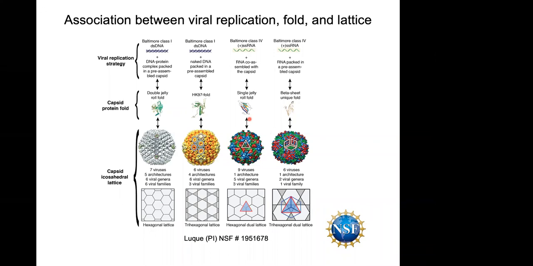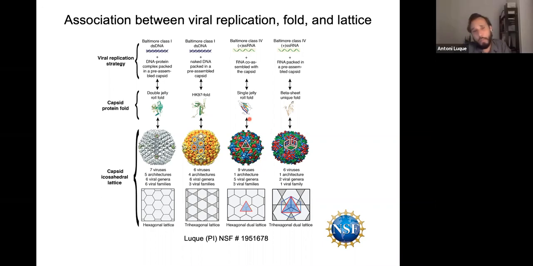I'm assuming that the double jelly roll is actually a duplication of the single jelly roll to some extent? Yes, but then once you have this duplication, you cannot accommodate your proteins to form the lattice the same way that you would form, let's say, these ring spots. So then suddenly you're organizing your capsid in a different way, and that exposes you to mechanical and chemical properties that might vary.